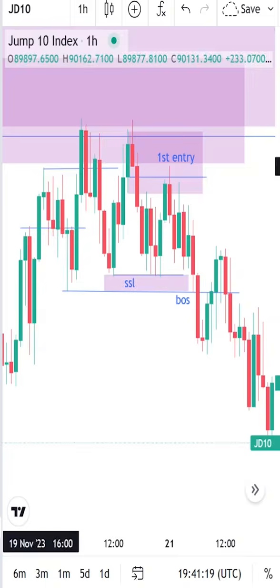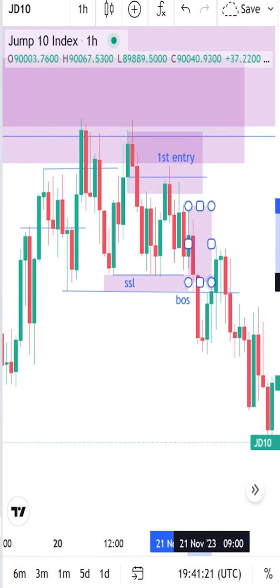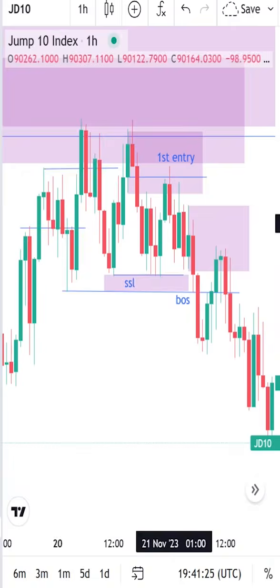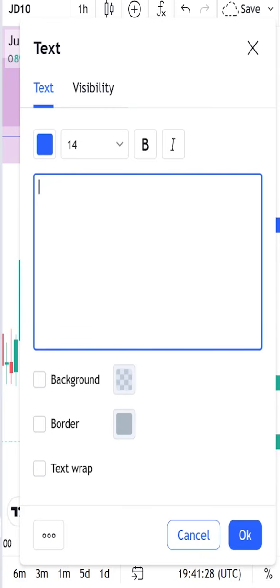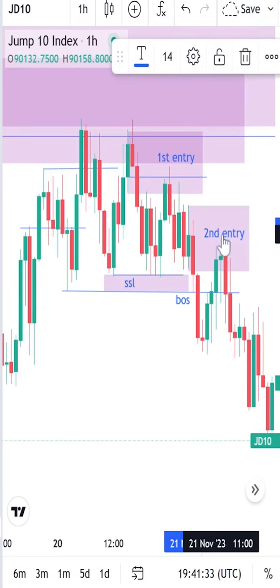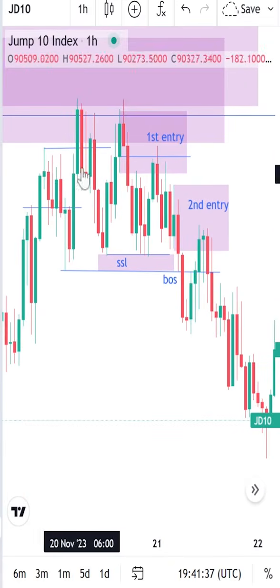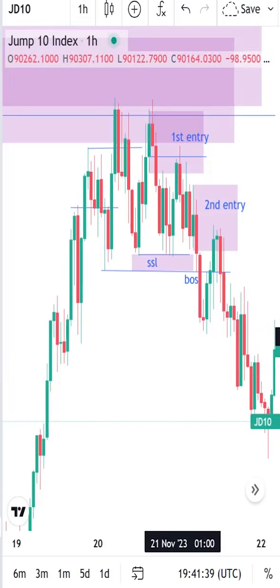Where is that OB? Right here. That's our second entry right there. That's our second entry. Right there. Because now we have a confirmation that price is headed down.